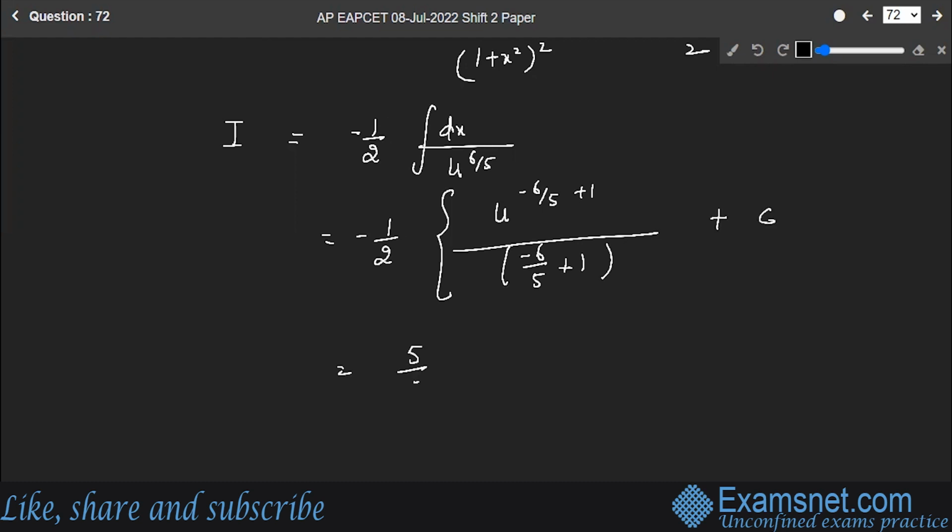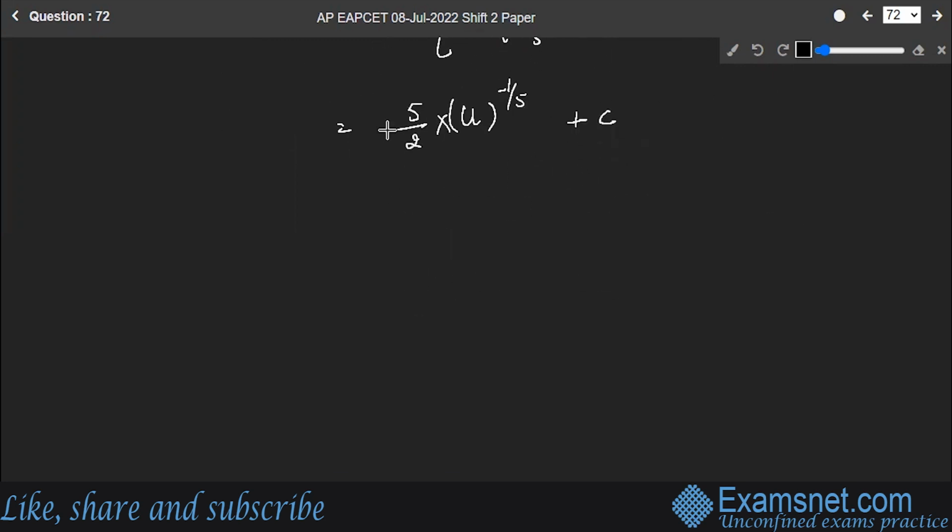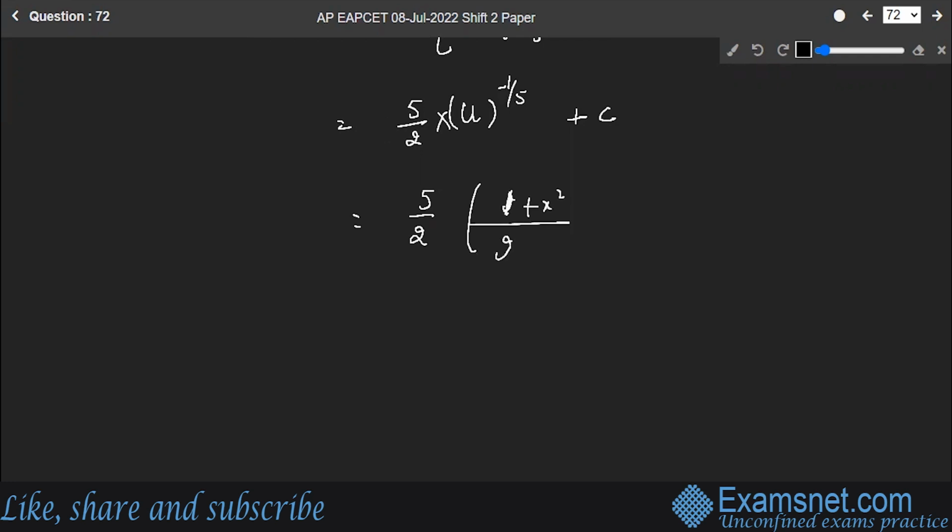This gives me 5 by 2 into u raised to power minus 1 by 5 plus c. I'll put the value of u now: 5 by 2 into 1 plus x square upon 2 plus x square raised to power 1 by 5 plus c. Right? I took the reciprocal of the numerator and denominator and also changed the sign of the power.